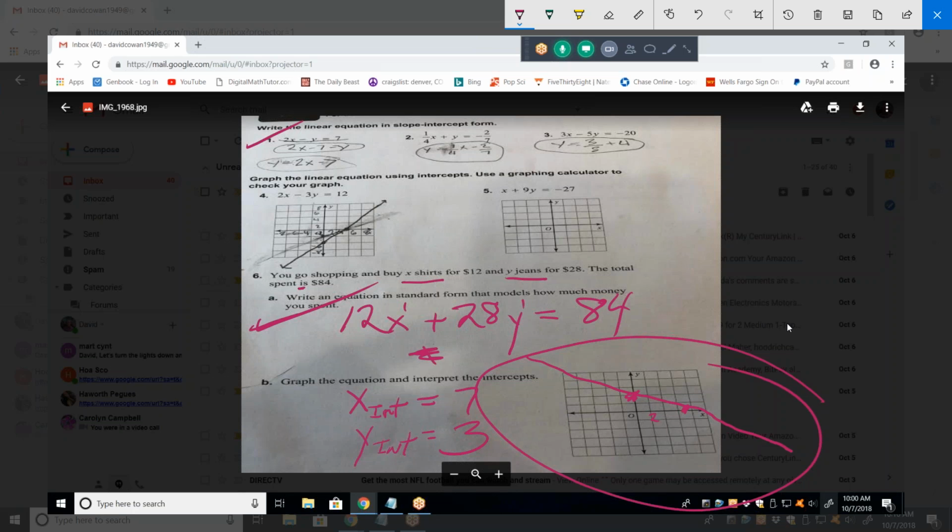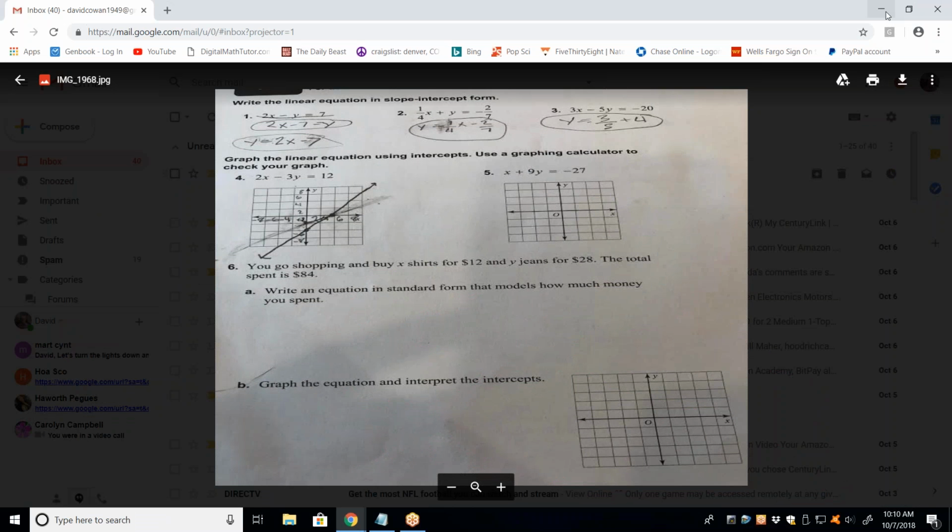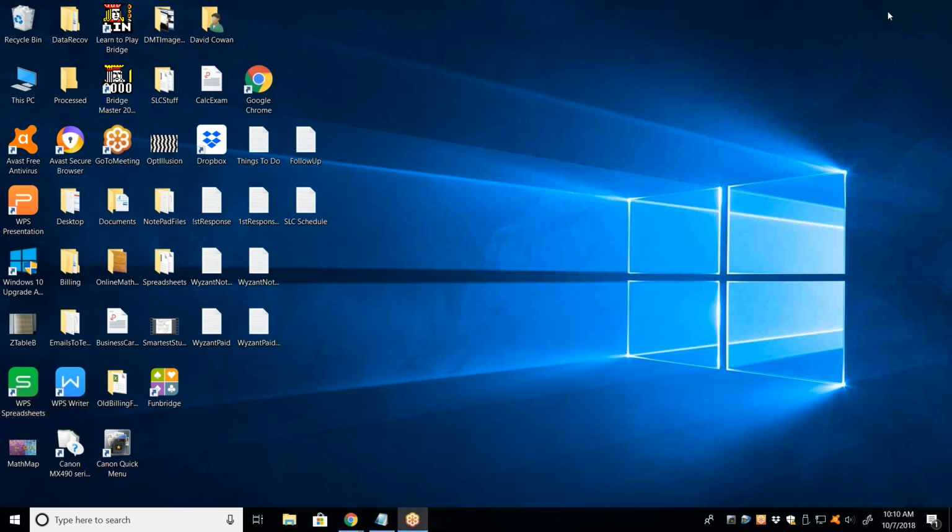All right. What else are we doing today? We just work on problems that are similar. Well, yeah. I can make up problems and we'll graph them based on the intercepts. Yeah, let me do this.